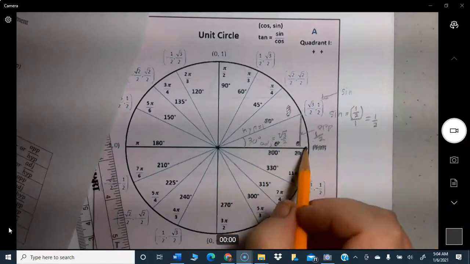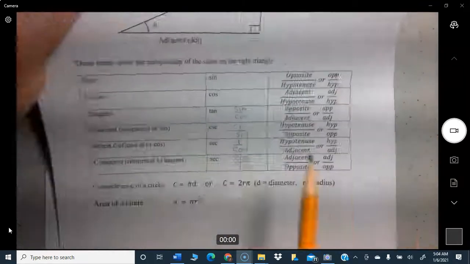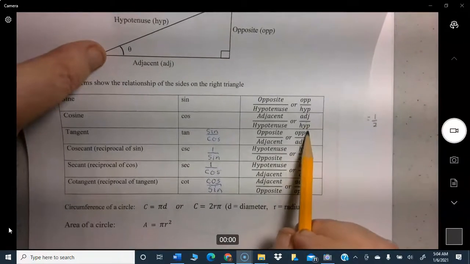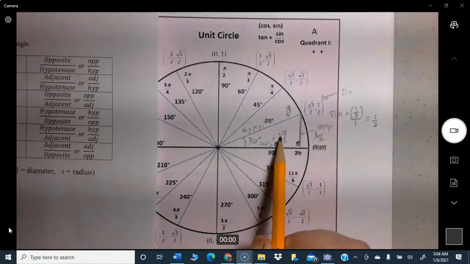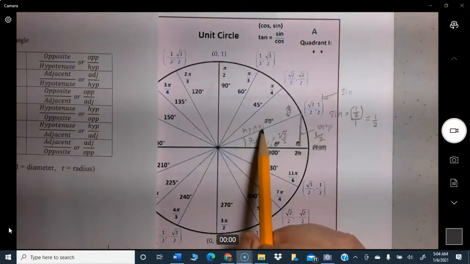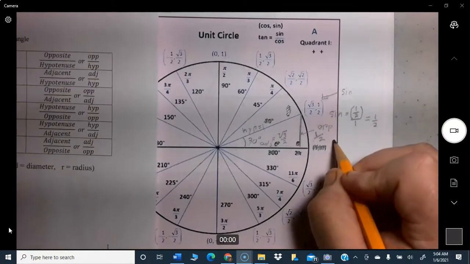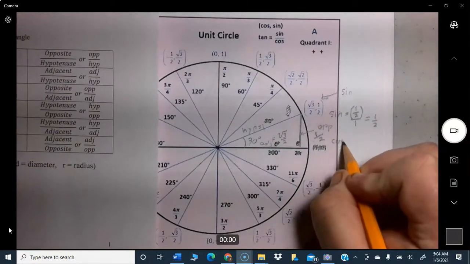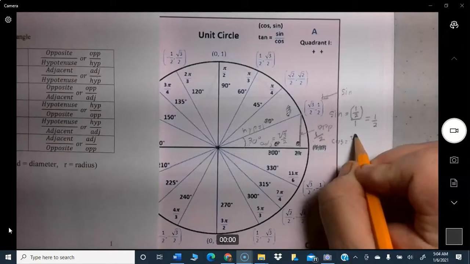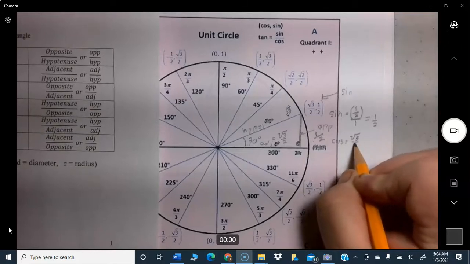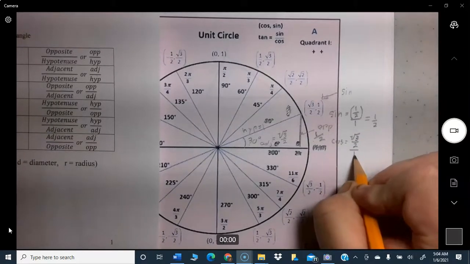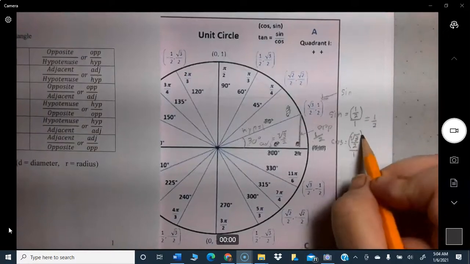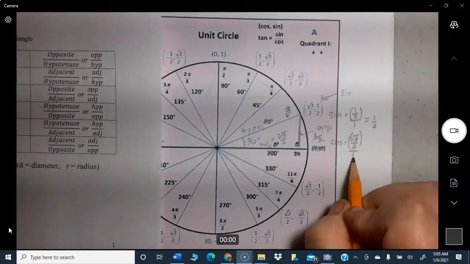Okay, and then the cosine is the adjacent over the hypotenuse, so that would be square root of 3 over 2 over 1. So cosine equals square root of 3 over 2 over 1. That's the adjacent side, that's the hypotenuse.